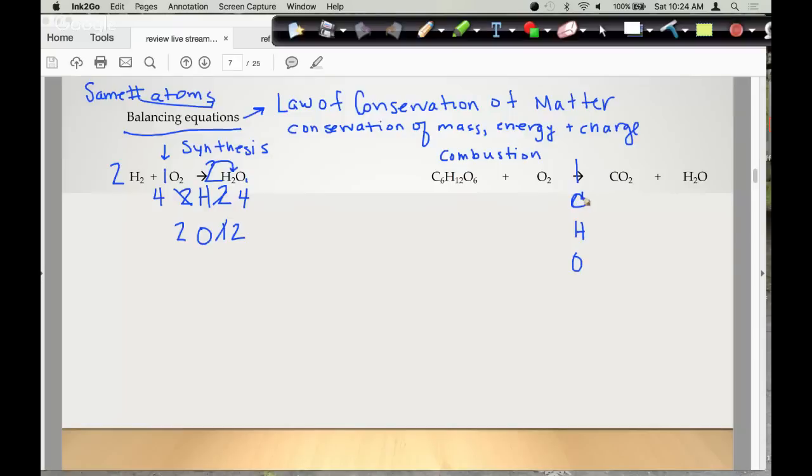We're always going to do the C's first, then the H's, then the O's last, because the O's are in 2 places here. If we try to start with the O's, we might go in some circles. So there are 6 C's on one side and 1 on the other.